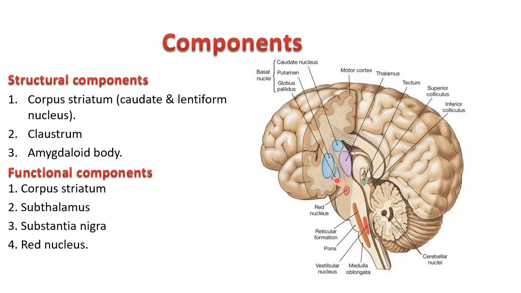We are going to discuss the globus pallidus and putamen, which form parts of the lentiform nucleus. And then, as I told you, we should include the midbrain, substantia nigra, red nucleus and superior colliculus. Here you are able to see the thalamus, and below that, ventral and lateral to the thalamus, you will see the subthalamic nucleus.